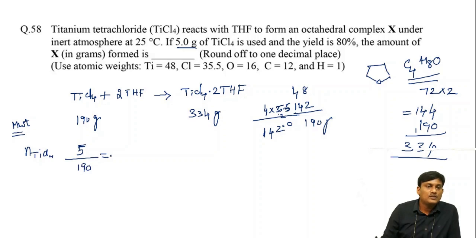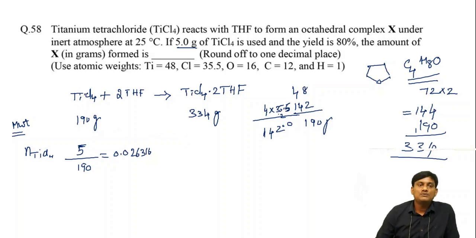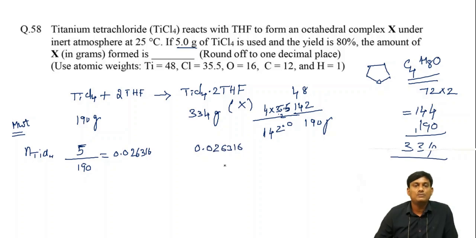So you will get approximately 0.026316 moles. So from this equation, 1 mole of TiCl4 gives 1 mole of TiCl4·2THF. So how many moles of complex X will be formed? This is complex X. The number of moles will be 0.026316 moles of X will be formed.